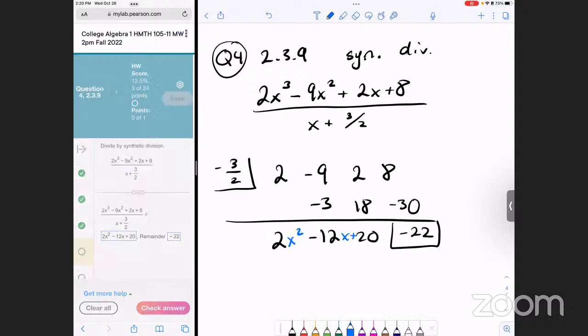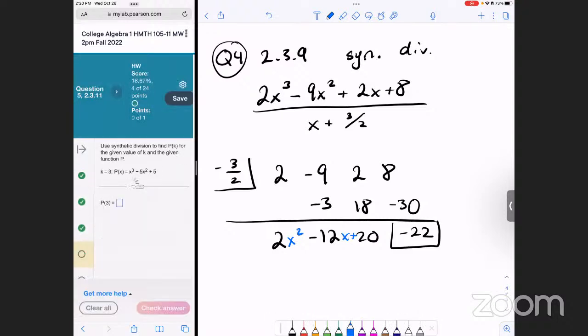So another one. I think it's fine to wait. How do I want to do that? Use synthetic division. Okay, what number is this? This is number 5. Use synthetic division to find P of K for the given value of K and the given function.